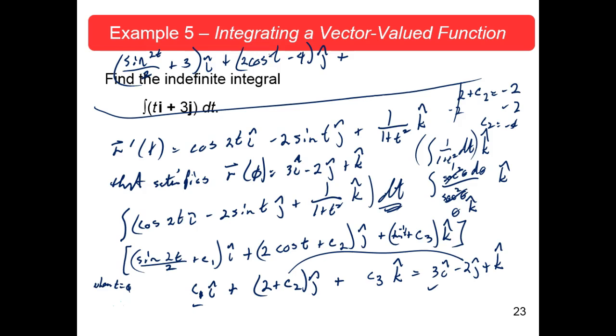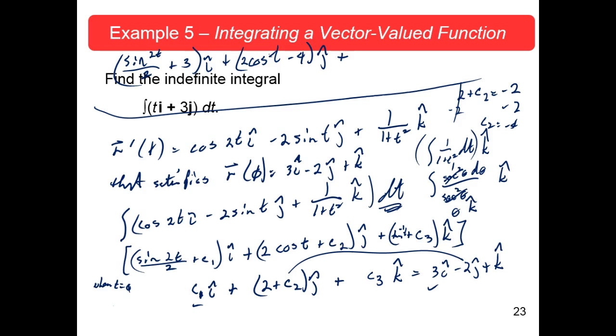And that gave us just C1 i plus, and this gave us a 1, you told me. And 2 times 1 is 2 plus C2 j plus, and that was a 0, C3 k. All right, but we know this thing at t equals 0 should equal this thing. So that makes us C1 equal to 3.